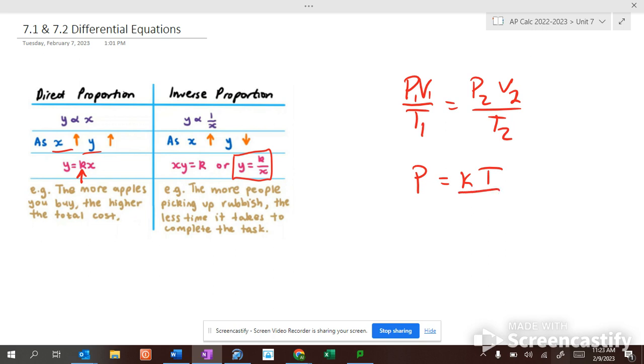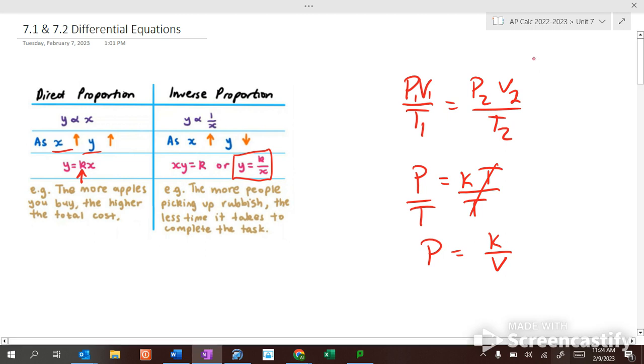So if you want to get the constant alone, that's how we get P over T. If we look at pressure and volume, they are inversely related. As the pressure increases, the volume is either staying the same or decreasing, but if the pressure increases and your constant stays the same, your volume has to decrease. So that's the relationships.